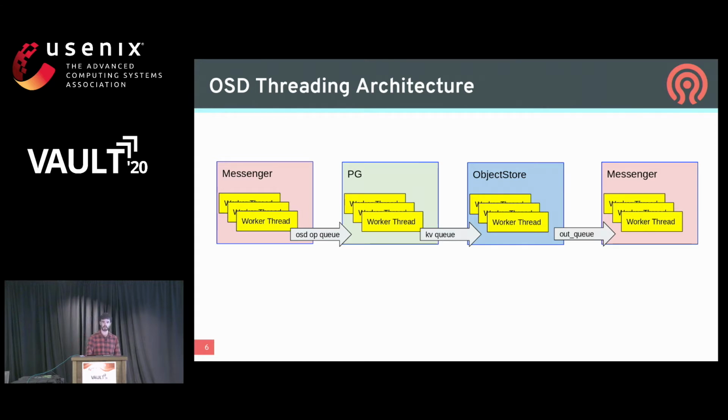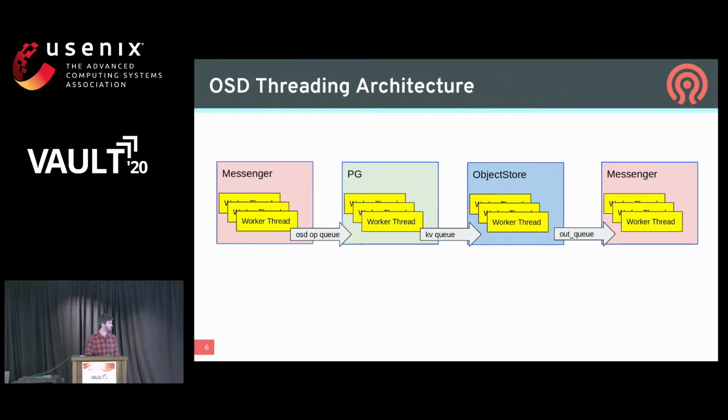Broadly speaking, there are three main components to the OSD I/O pipeline. We have the async messenger, which is responsible for dealing with Ceph's on-wire protocol, which is a mapping of atomic messages onto TCP/IP with all of the relevant restart and message ordering requirements.